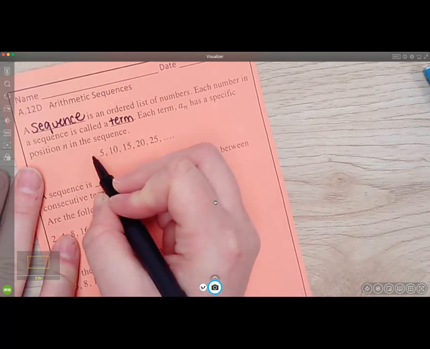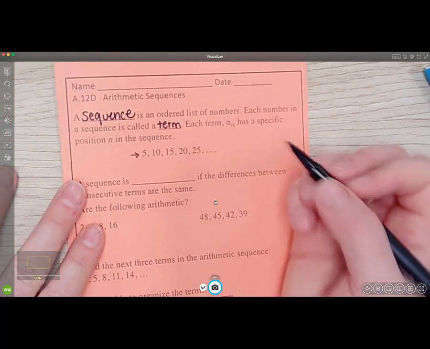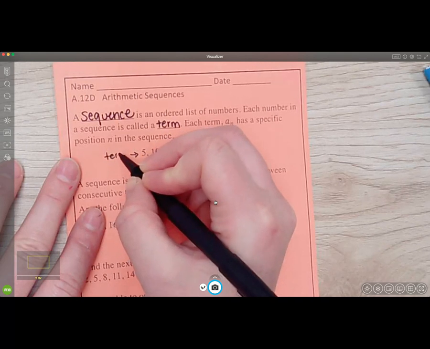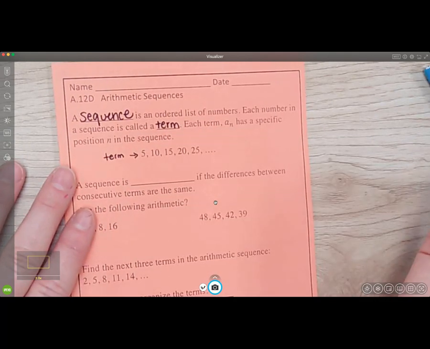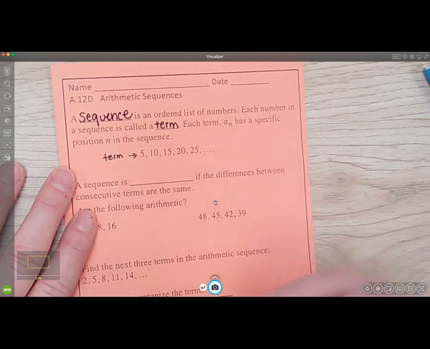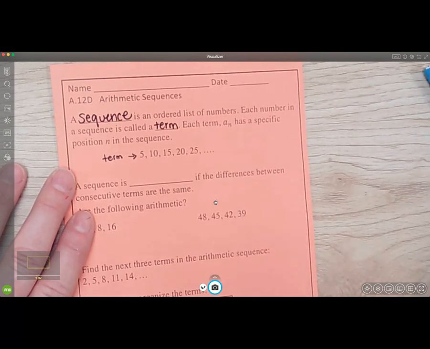So these, the 5, 10, 15, 20, 25, that's a pattern. And each of these numbers is called a term. And each term has a position, what position it falls in, whether it's the first or fifth or 100th position in the sequence.